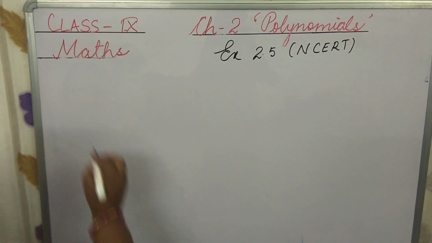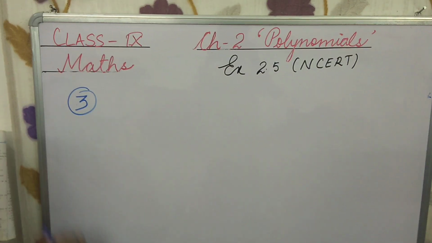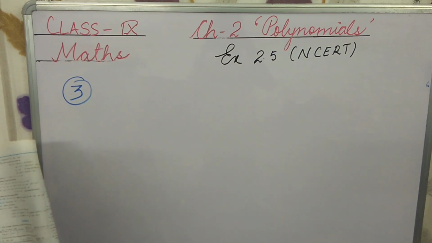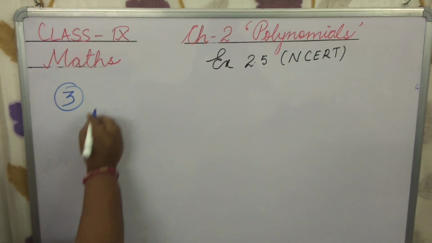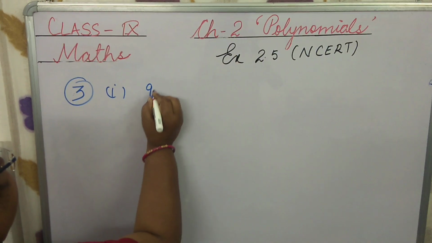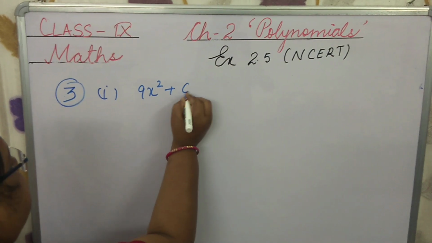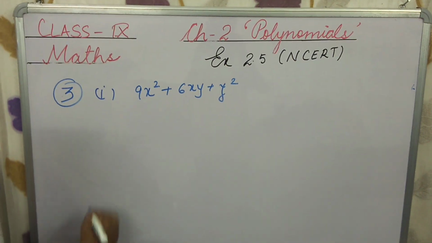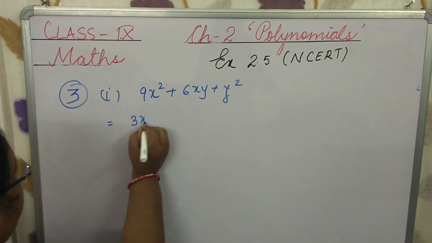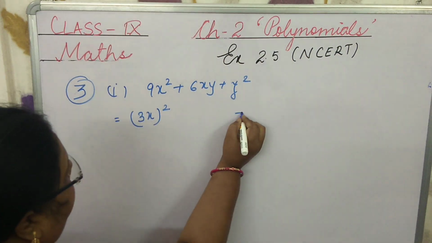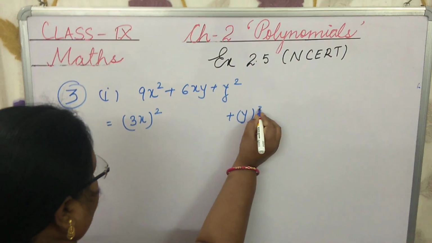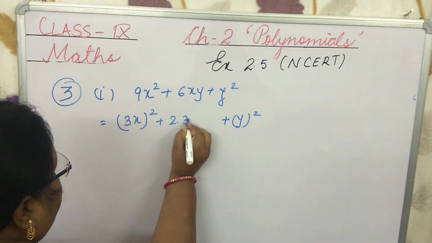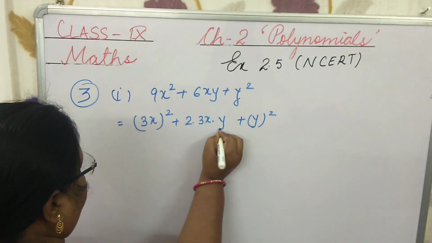Now question number 3. It is given, factorize the following using appropriate identities. First is 9x square plus 6xy plus y square. We can write this as 3x whole square plus y whole square plus 2 into 3x into y.